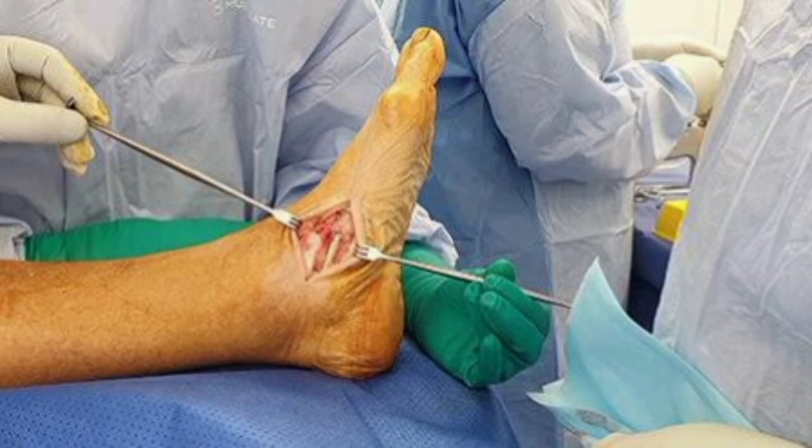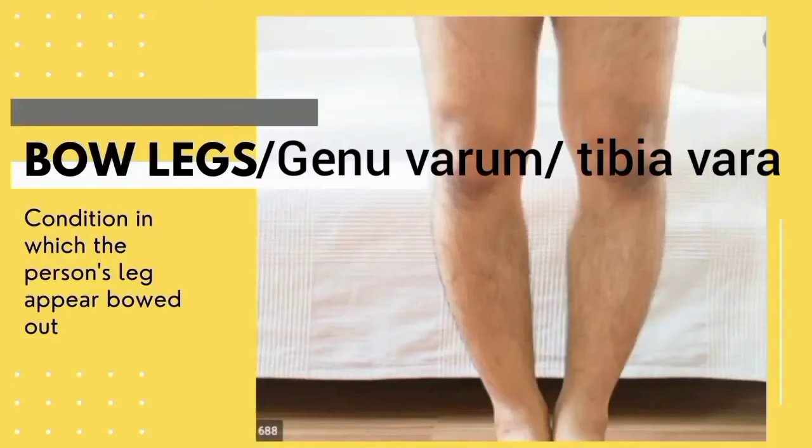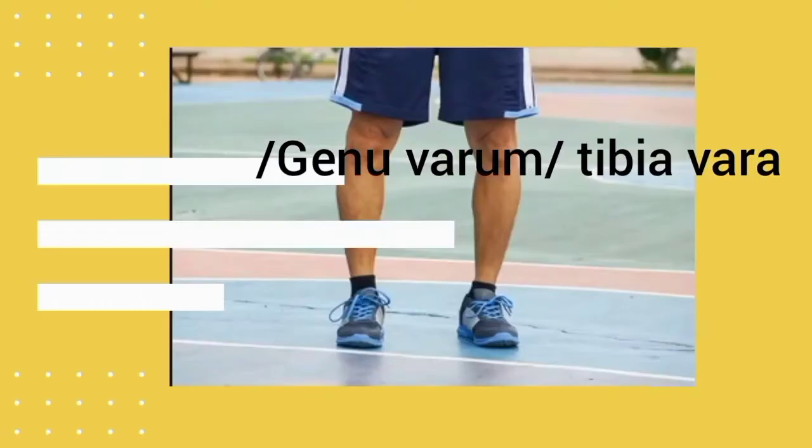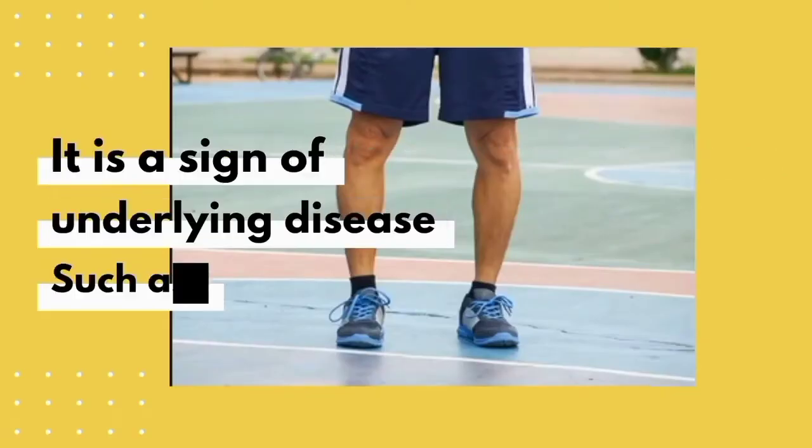Let's look at the second postural defect for the day, which is bow legs, also known as genu varum or tibia vara. Bow leg is a condition where the person's leg appears to be tilted outward. Now, this is common in children but straightens with time.